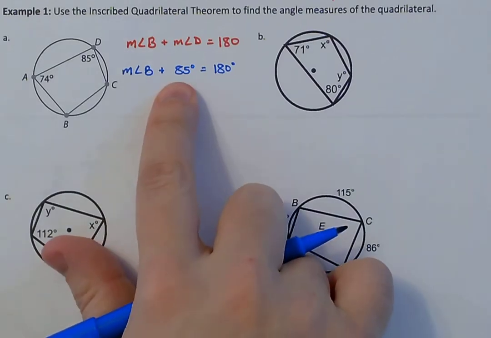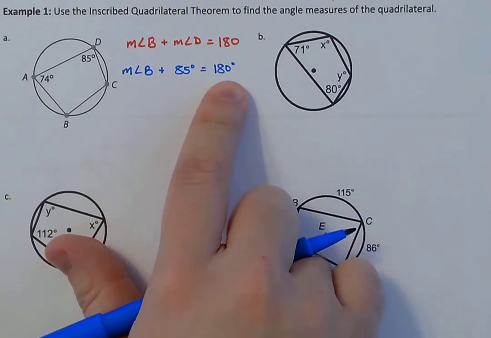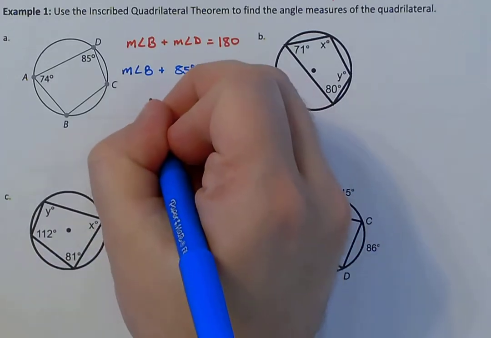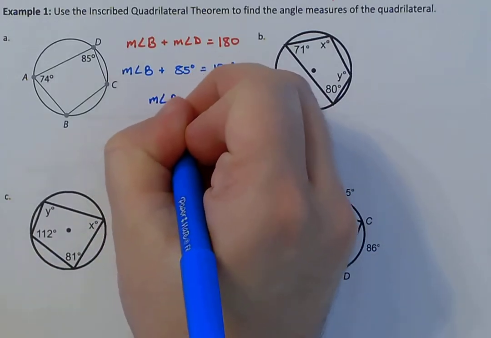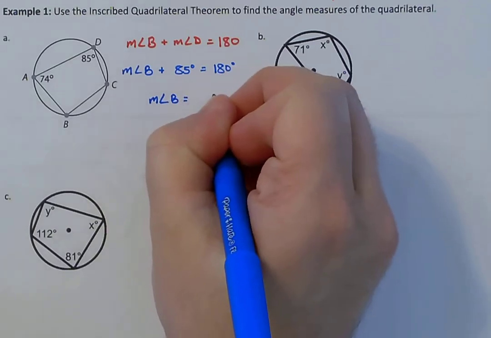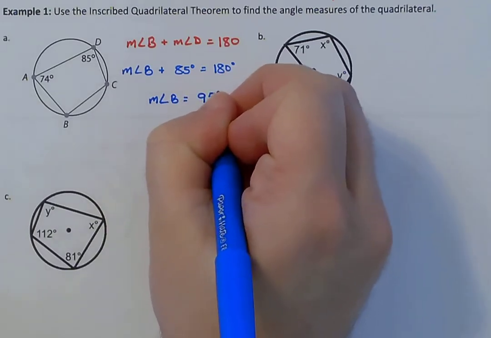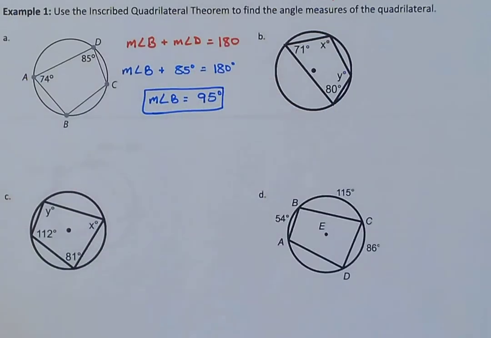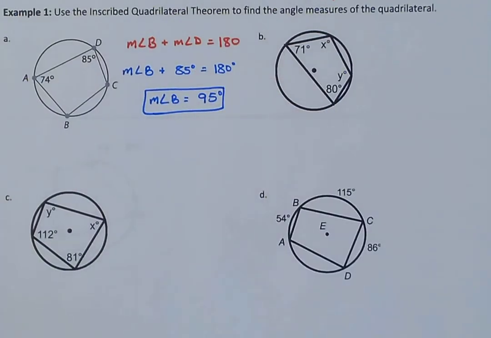All you have to do from here is 180 minus 85, and that tells us that the measure of angle B is 95 degrees. And that's our answer for the measure of angle B for part A.